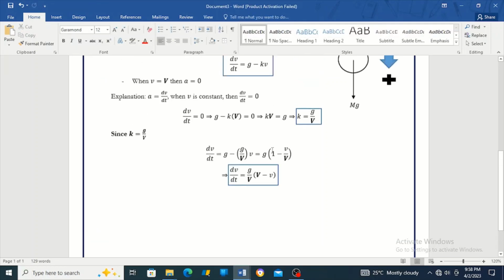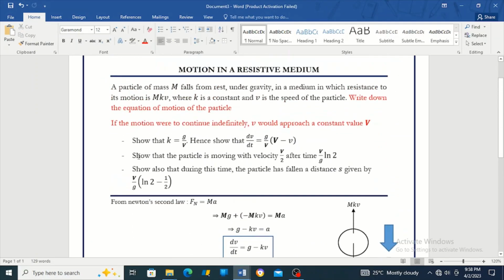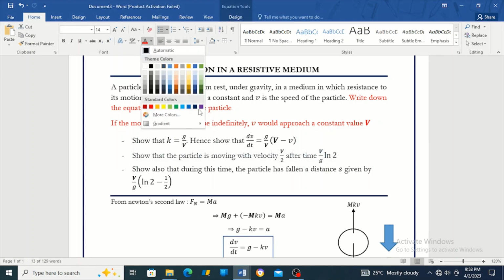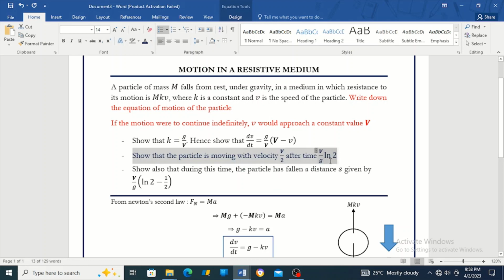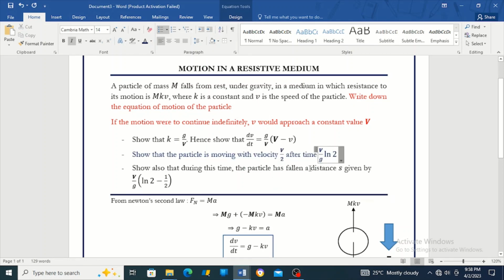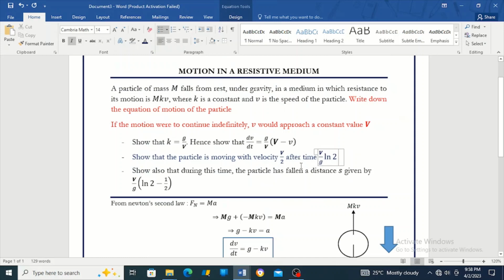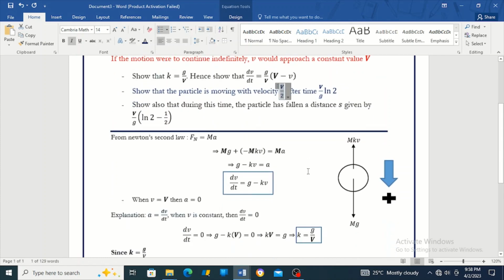Now the next question: show that the particle is moving with a velocity of V divided by 2 after time V divided by g times ln 2. So we need to first of all get the velocity at time t seconds, then we replace t with V over g ln 2 and we verify if the answer is V divided by 2.